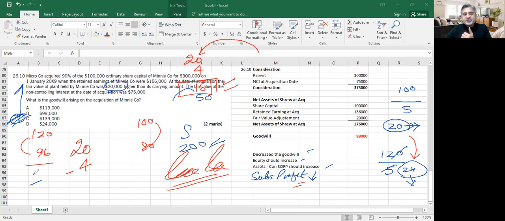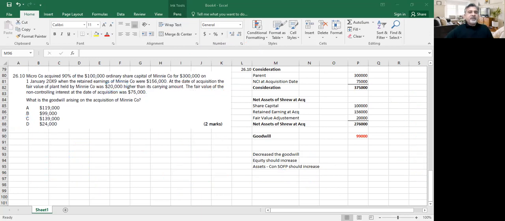So you see the difference is 120 minus 24, so 96. So extra will only become 16. 20 minus 4, extra will be 16. This is where you make the fair value adjustment.